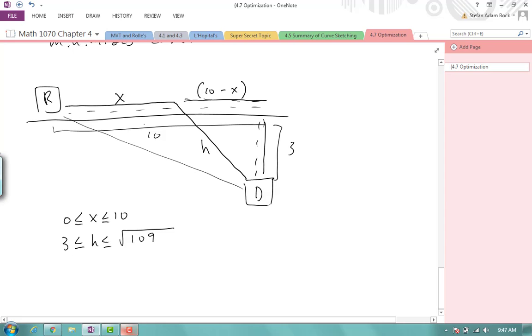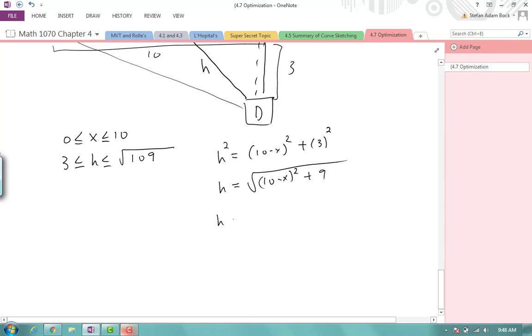So x plus 10 minus x will be the full distance of 10, which means h squared is equal to (10 minus x) squared plus 3 squared, which is 9, which means h is equal to the square root of (10 minus x) squared plus 9.